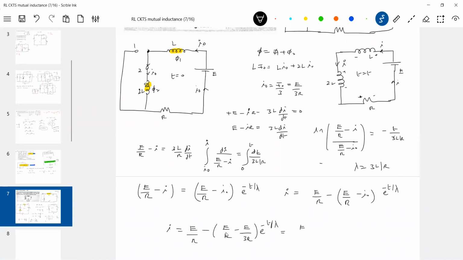So this will be two E by 3R. Current will decrease, so we take minus. From where did you get the minus sign? Due to integration, no? Yes, sir. So this is the expression for the current in the circuit here.